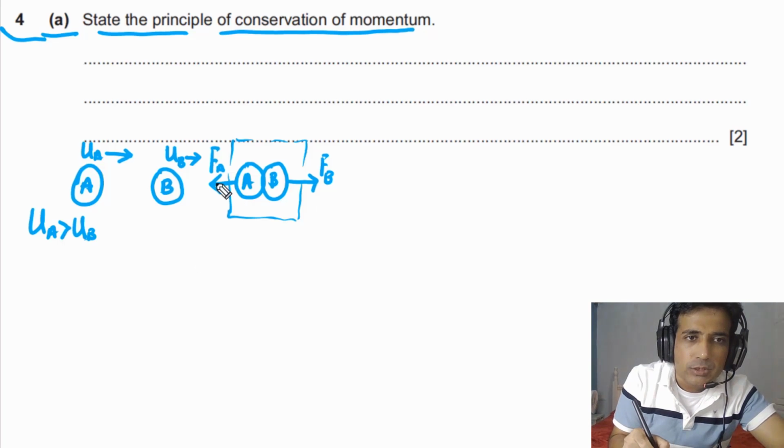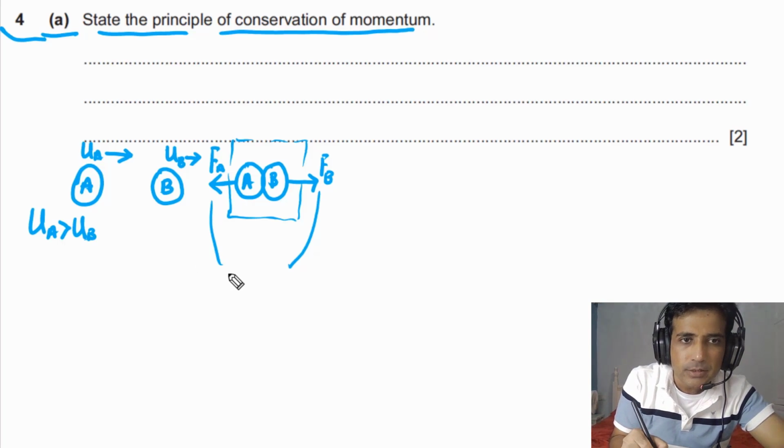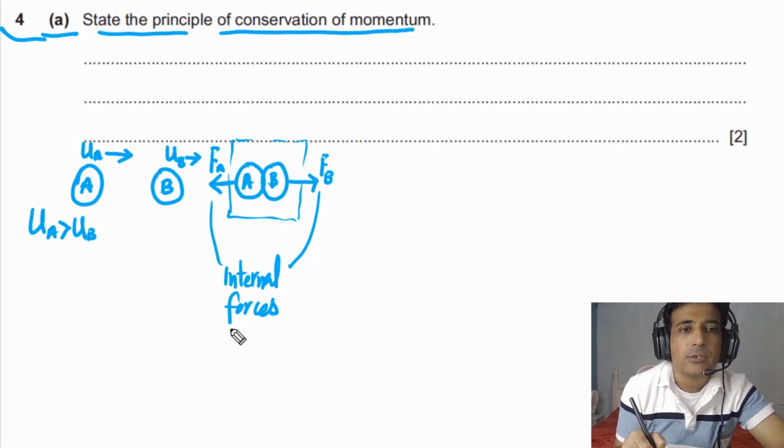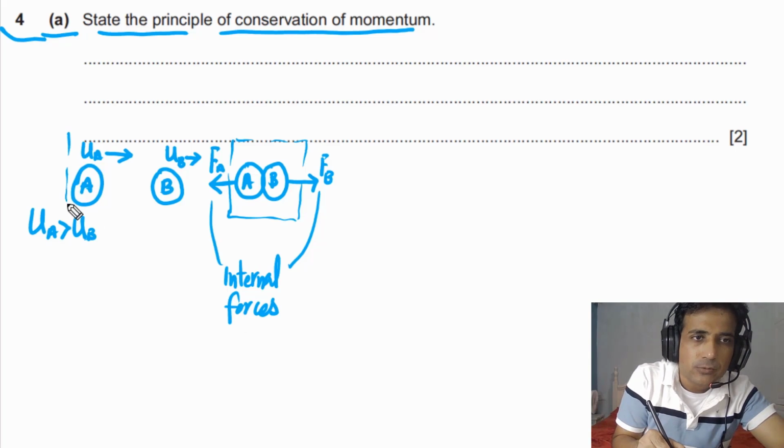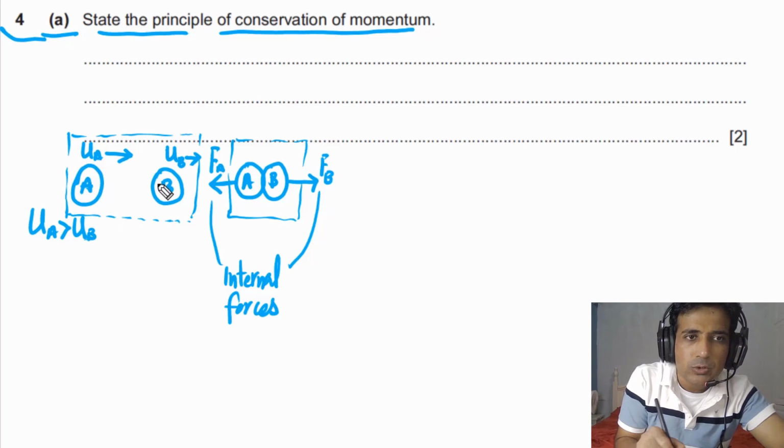But you need to understand these two forces: these are internal forces. These are internal forces because in this case we are assuming our system, and this is our system, consists of only these two balls.